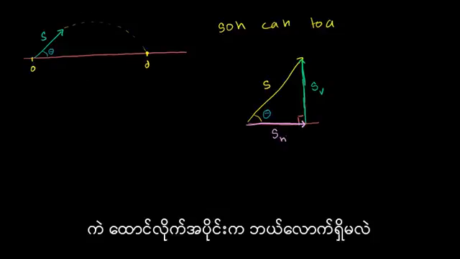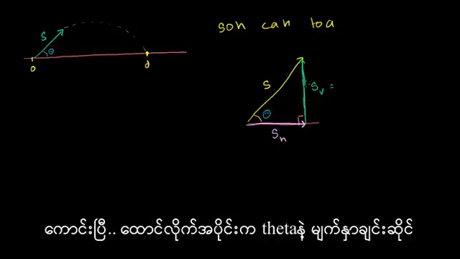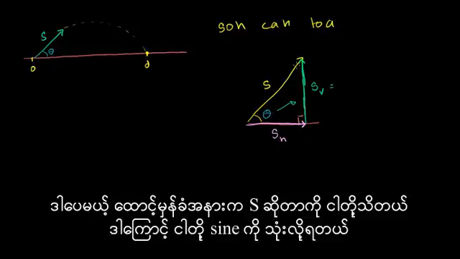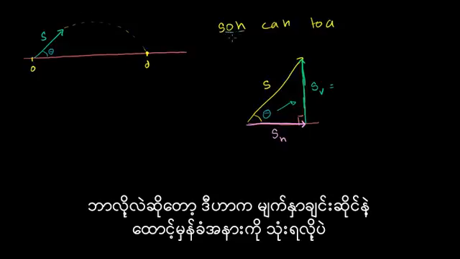So what's the vertical component going to be? Well, the vertical component is opposite this theta, and we know the hypotenuse is s, so we could use sine, because that deals with the opposite and the hypotenuse.